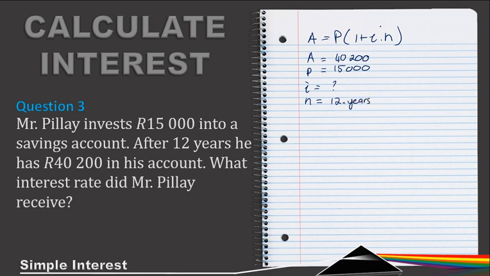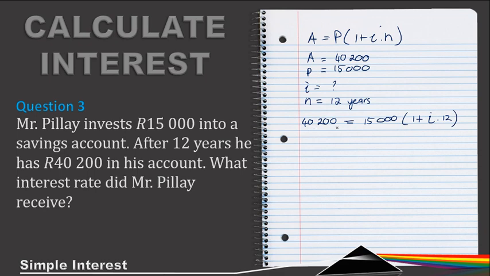Okay, so let's substitute all of these values in. We have 40,200 equal to my principal amount of 15,000 times (1 plus i, which I'm going to solve for, times n, which is 12).